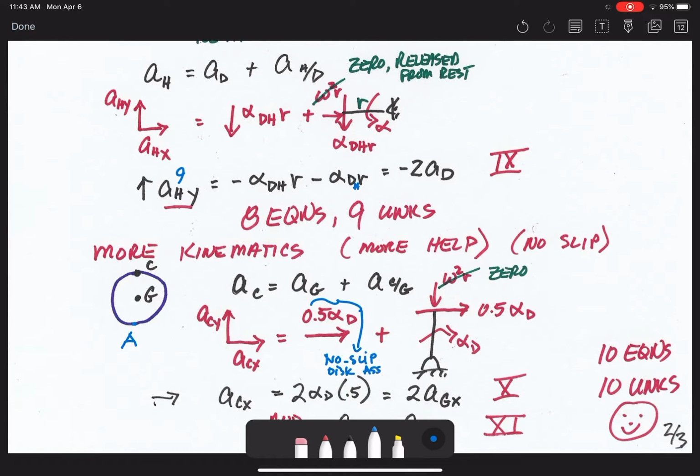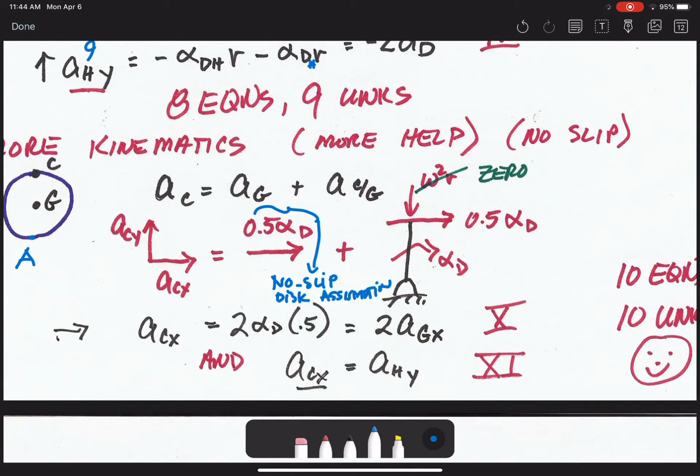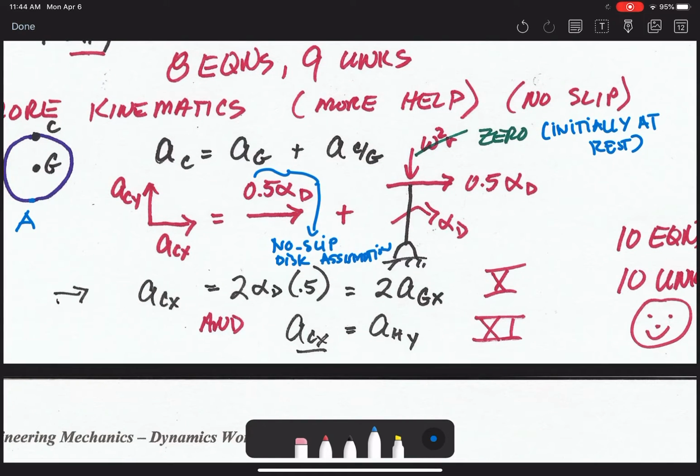We will check it later. And then the same for AC relative to G: we draw the kinematic diagram with G fixed. The normal component is 0 because omega squared r is 0, since it is initially at rest and omega is 0. The tangential component equals alpha D.